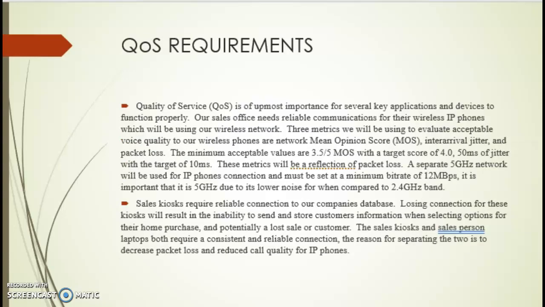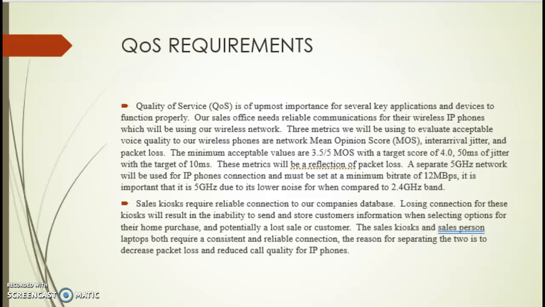Moving on to quality of service requirements. Quality of service is of utmost importance for several key applications and devices to function properly. Our sales office needs reliable communications for the wireless IP phones, which will be using a wireless network.